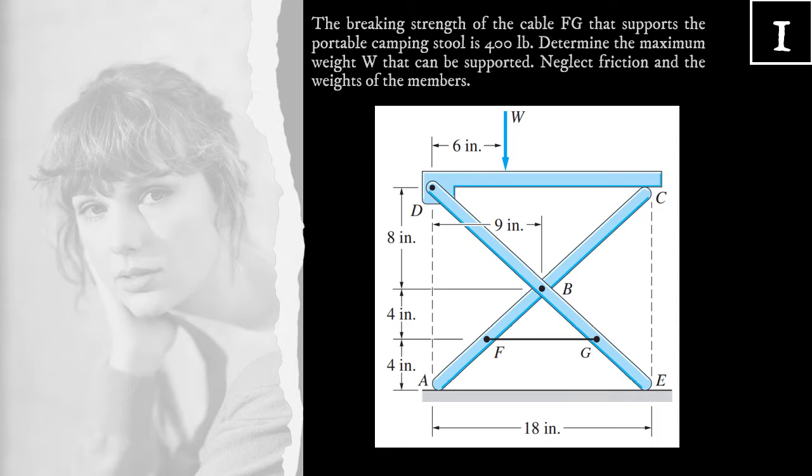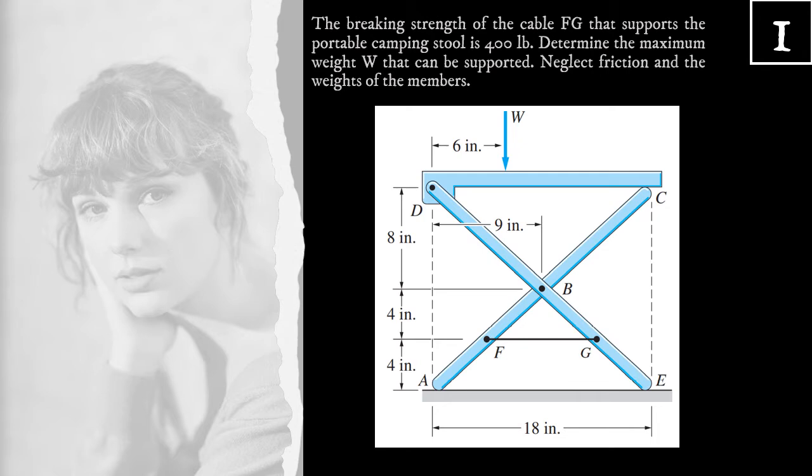In method of joints and method of sections, the members we analyzed are axial members, meaning they are only subjected to axial tension or compression. A 3/4 member or non-axial member is not only subjected to axial tension or compression, but also subjected to bending.